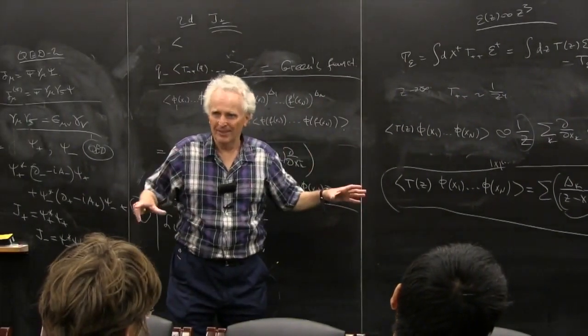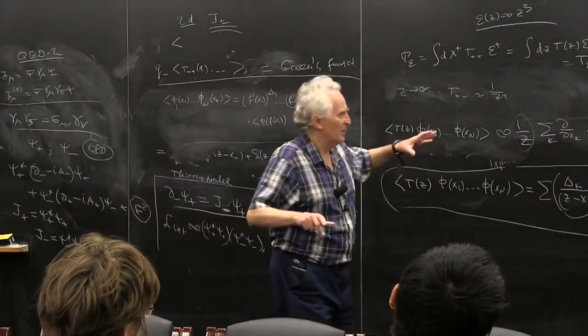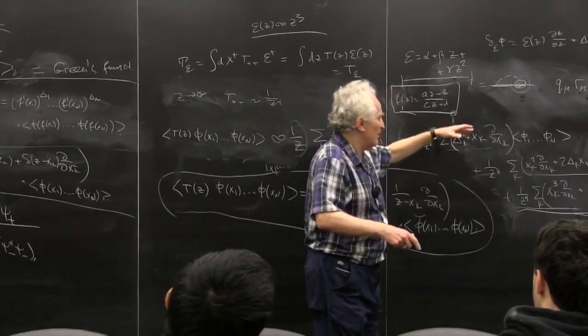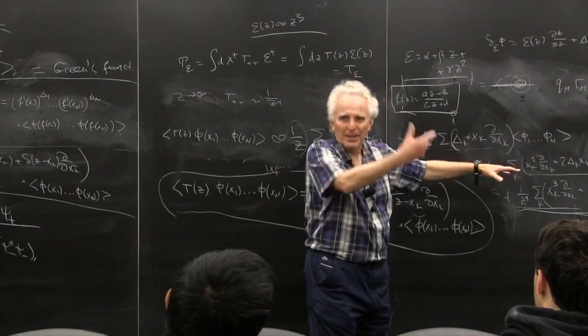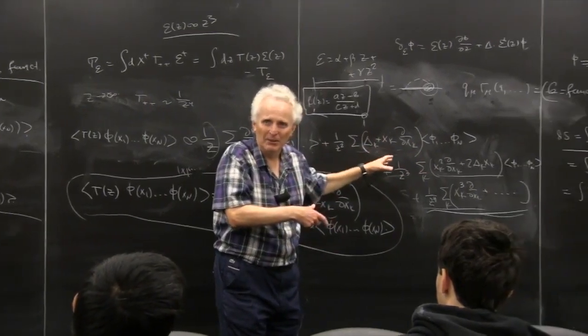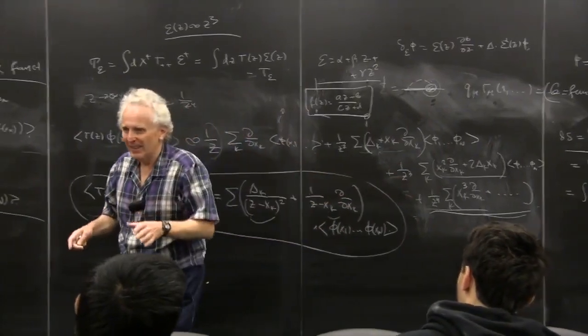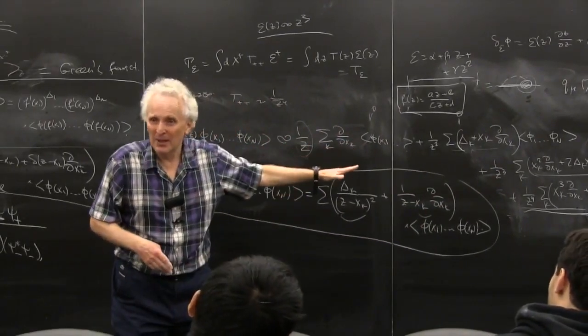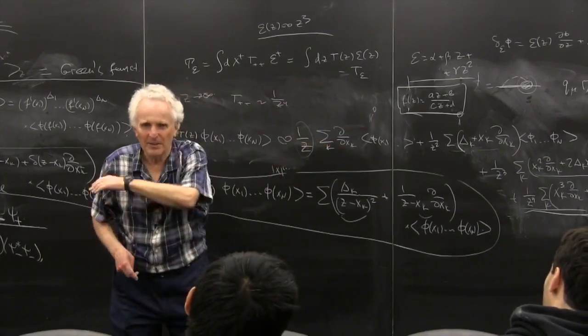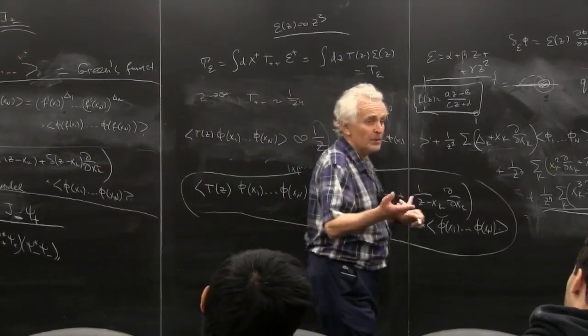They had enough. You see, you first translate them, you dilate them, you conformally transform them, and they survived so far. However, that was the last straw. When you go beyond this, they are all zero. It's a good exercise.